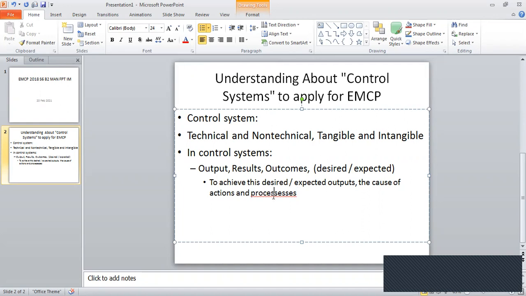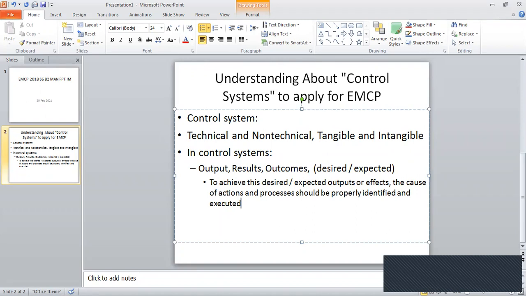Once the cause is there, the effect, the output, this desired or expected output or effects. The cause of actions and processes should be properly identified and executed.